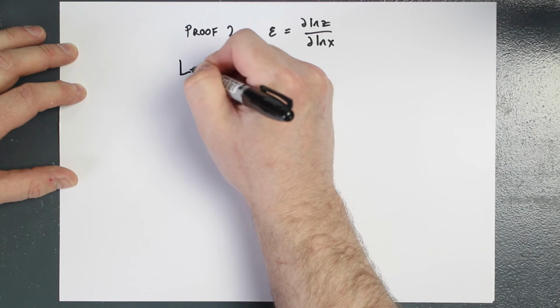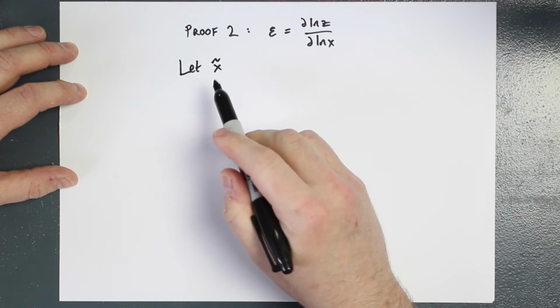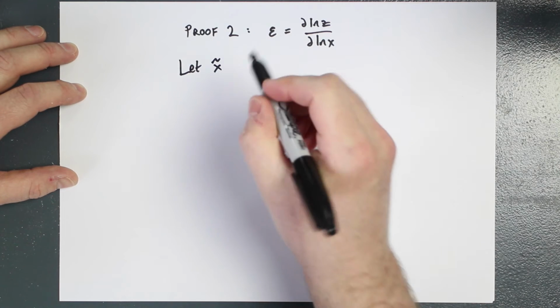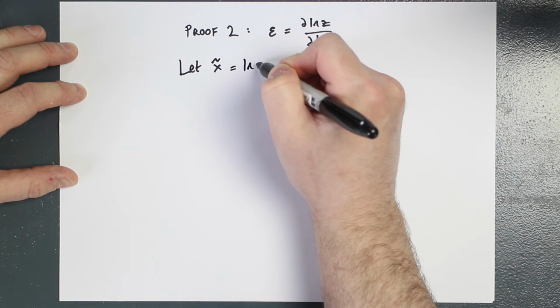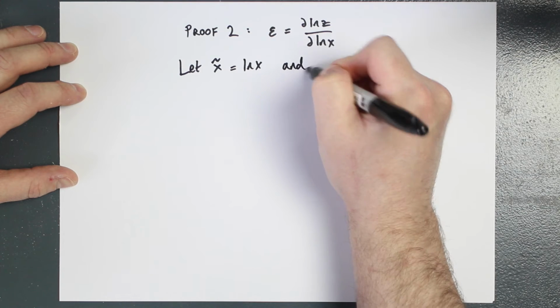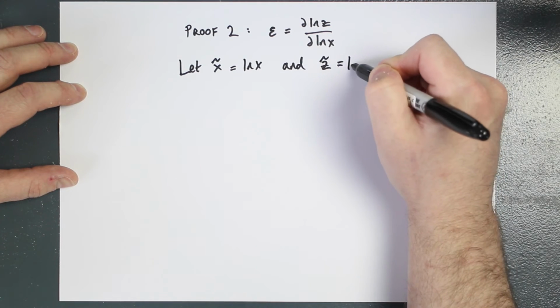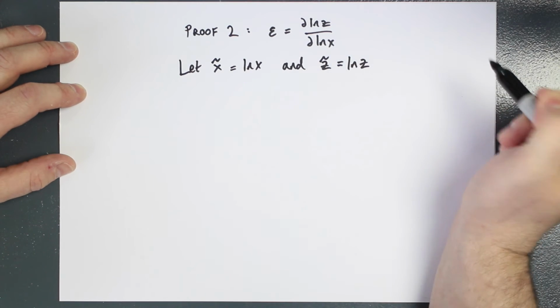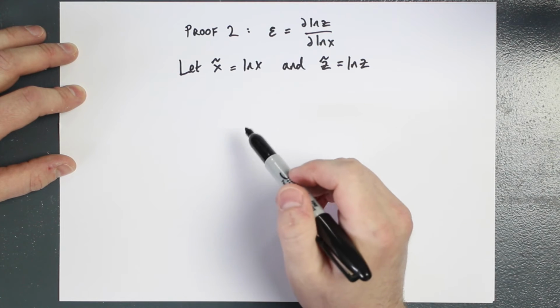So let's say let x with a curly hat on, this is called x tilde, let x tilde be log of x. Okay, and we'll let z tilde denote log of z. Okay, so we've got two new variables, x tilde and z tilde.